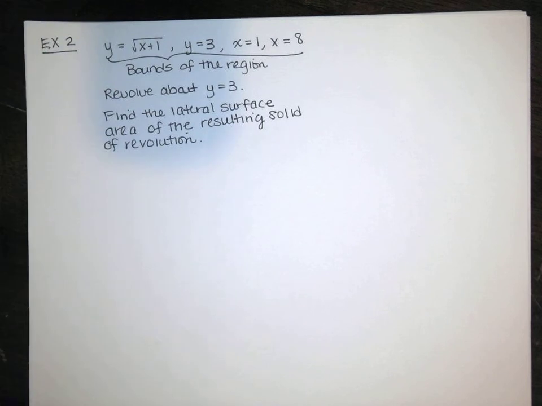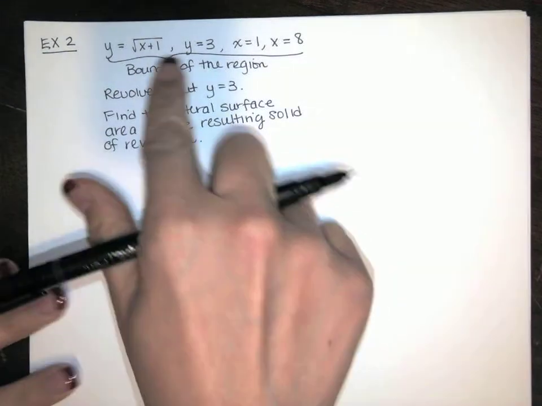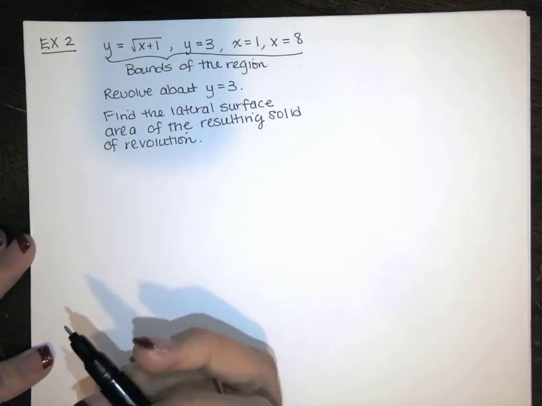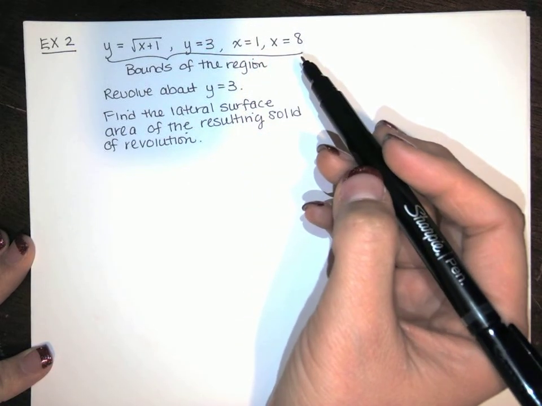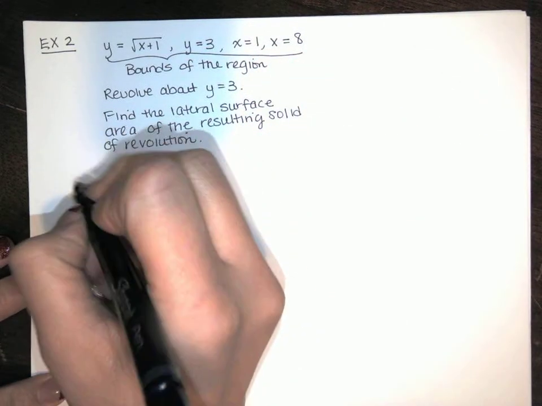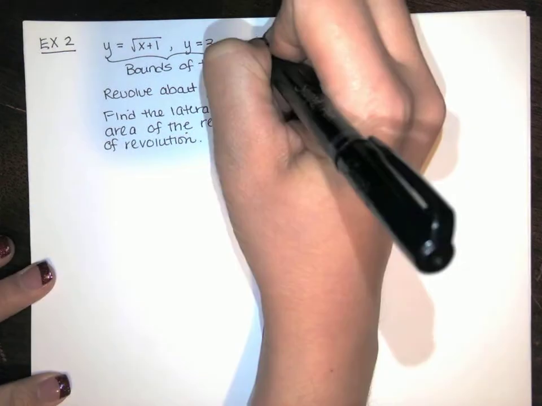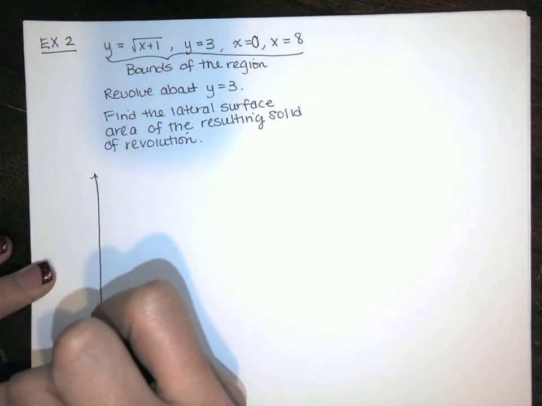So this time, we are given a region described by these bounds. So the region lies between x equals 1 and x equals 8. Actually, let's use x equals 0. x equals 0 and x equals 8.